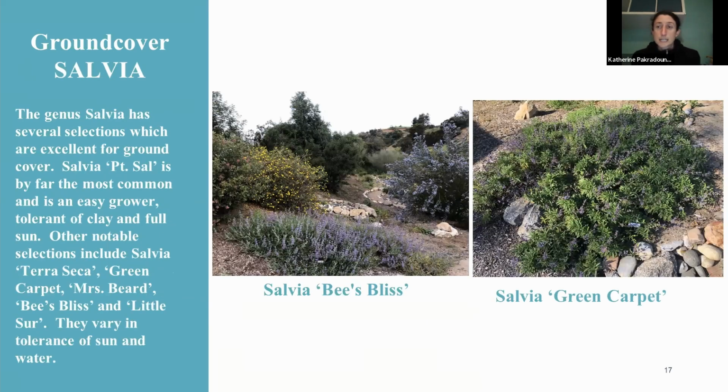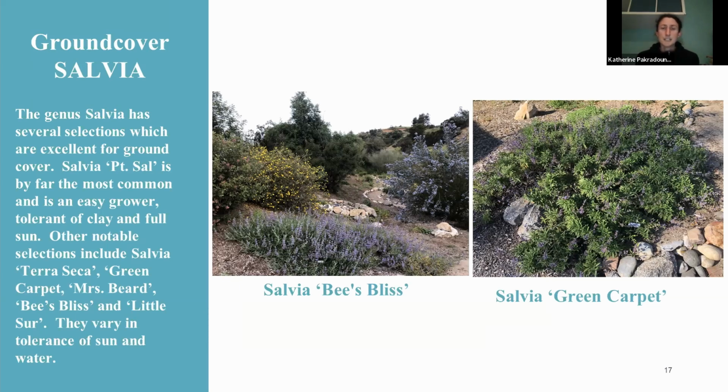So ground cover sages are another tougher of the ground covers. I would say tougher than a manzanita ground cover potentially. But they can go somewhat semi-dormant if they're in a hot sun environment. One that I think is a stellar one is Salvia 'Bee's Bliss.' That's the picture on the left.